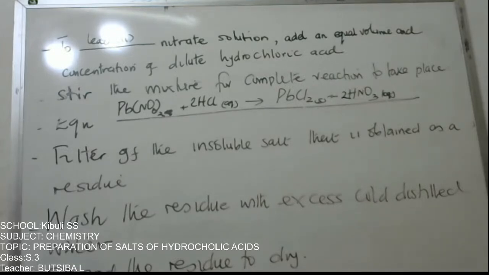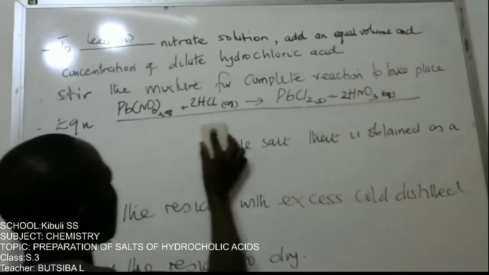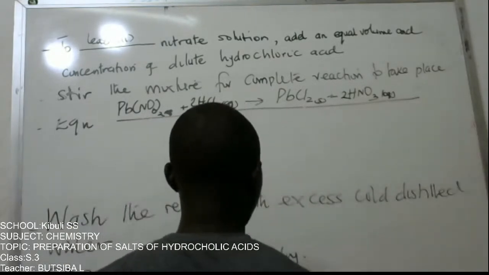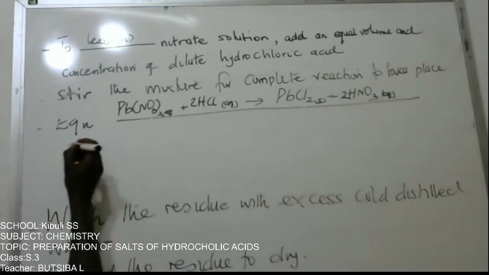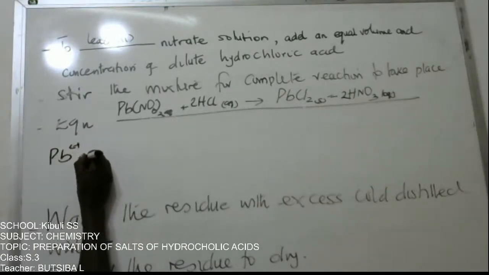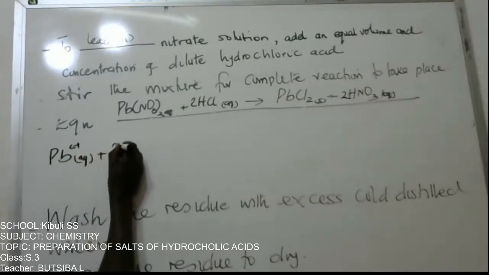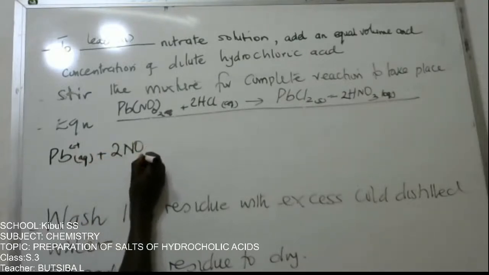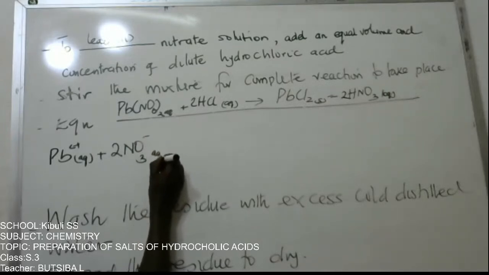So in the case I want an ionic equation, which is the cheapest? Let us see. If I want an ionic equation from our usual style, lead 2 nitrate produces lead 2 ions, aqueous. It also produces 2 moles of nitrate ions that are aqueous.